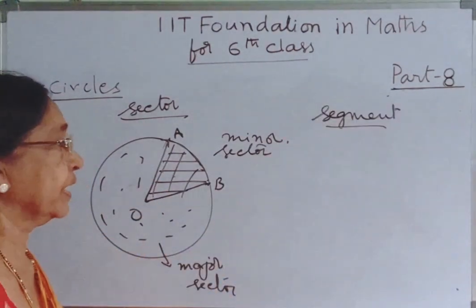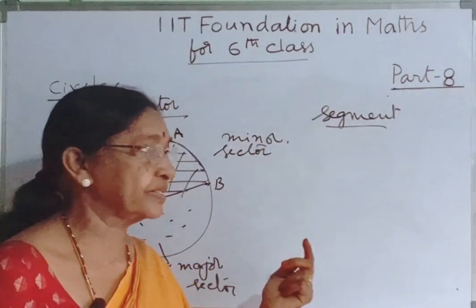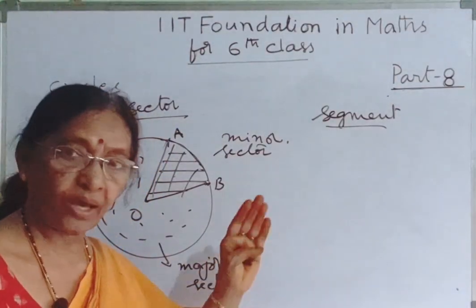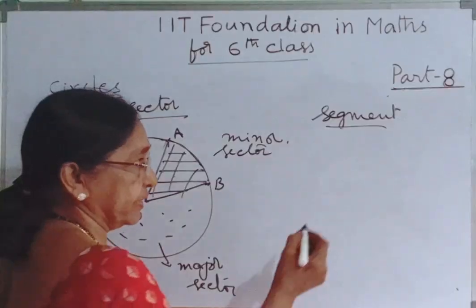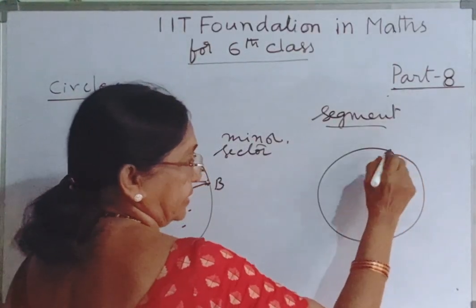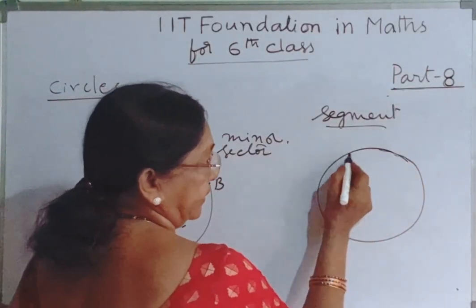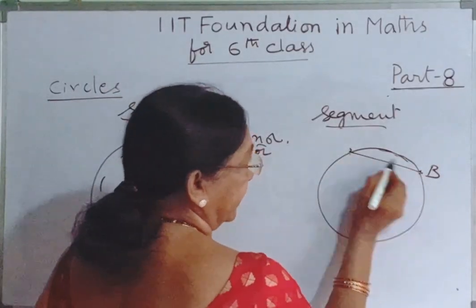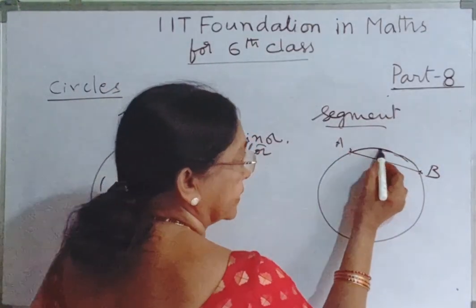Next, segment. The part of the circular region which is included by the chord and the arc is called a segment. For example, if it is a circle and this is a chord AB, 2 points on the circle, AB is a chord and this is the arc.